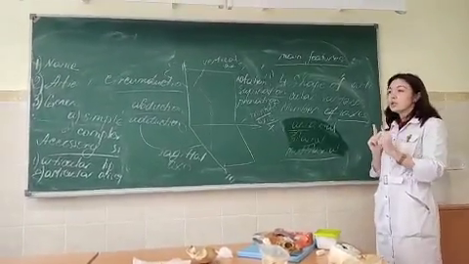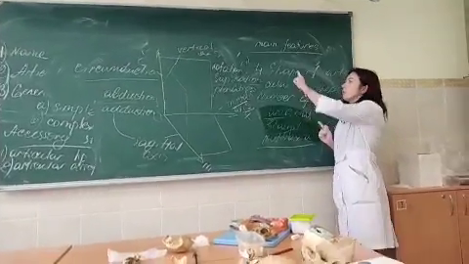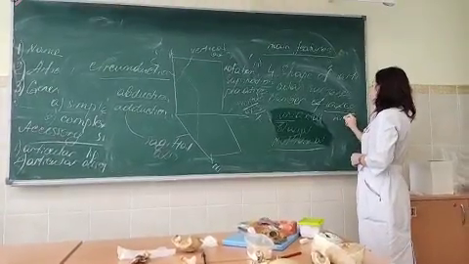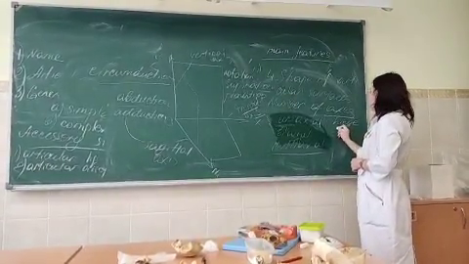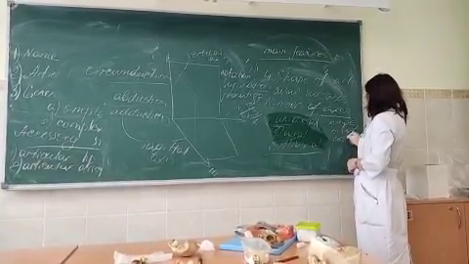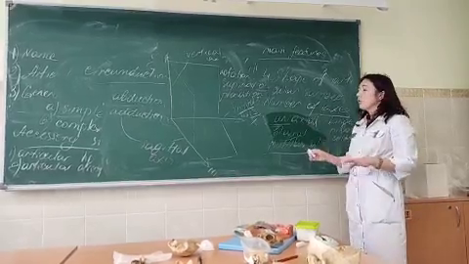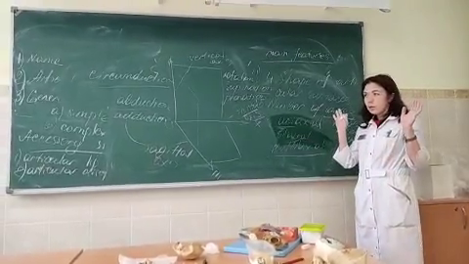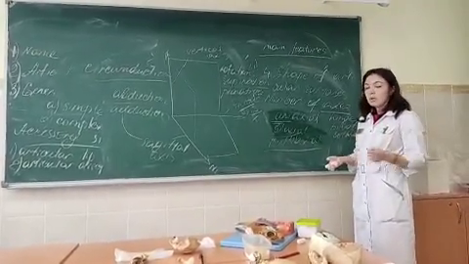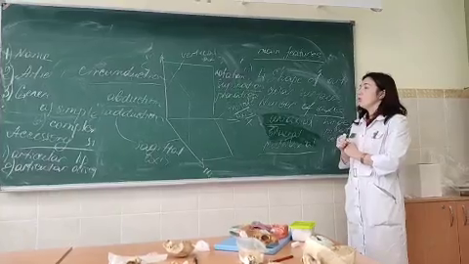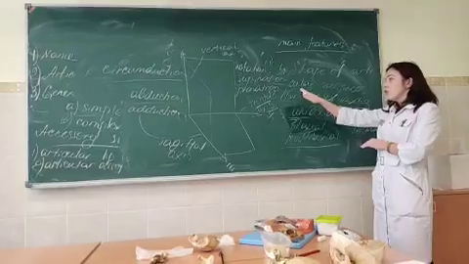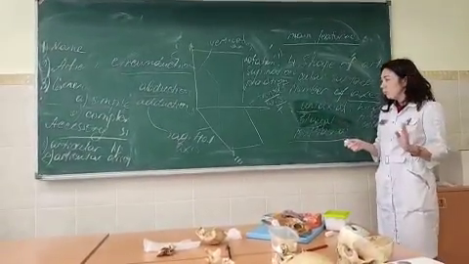I told you, the range of movements will always depend on the shape of articular surfaces. For uniaxial, for example, a joint can be hinge, pivot, or cochlear. For biaxial, it will be condylar, ellipsoid, and saddle. It's written in the book. And for multi-axial, it will be spheroidal, cotyloid, and plane. That's what we will also study. So the shape of articular surfaces, the number of axes, and here you should describe which exactly movements are possible.